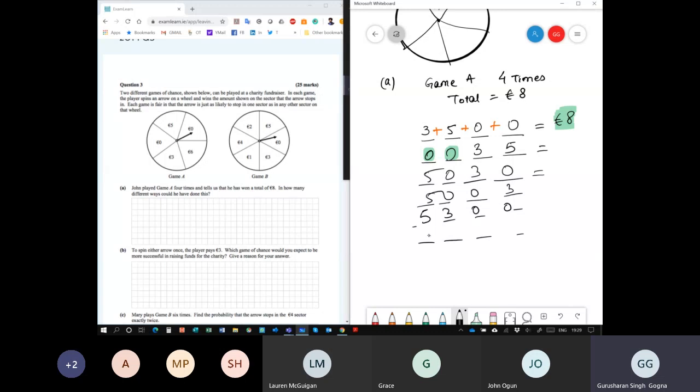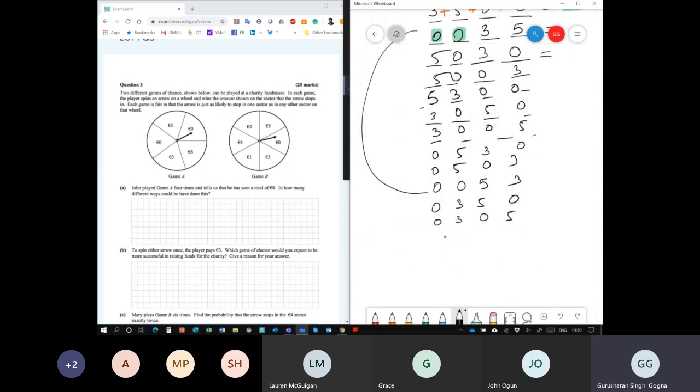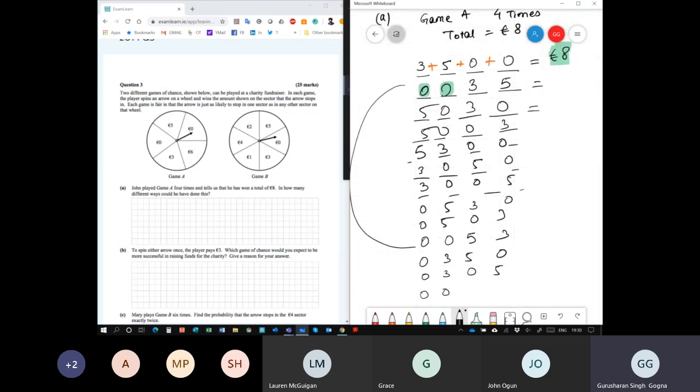5030, 5300, and then you can use 3050, 3005, and 0530, 0503, 0053, which is basically the opposite of this, and 0350, 0305, and 0035 we already considered.